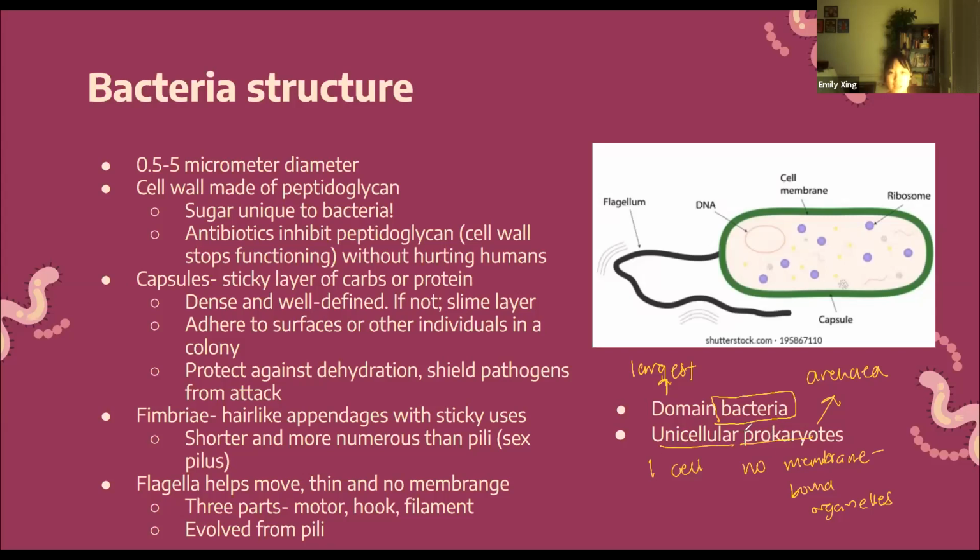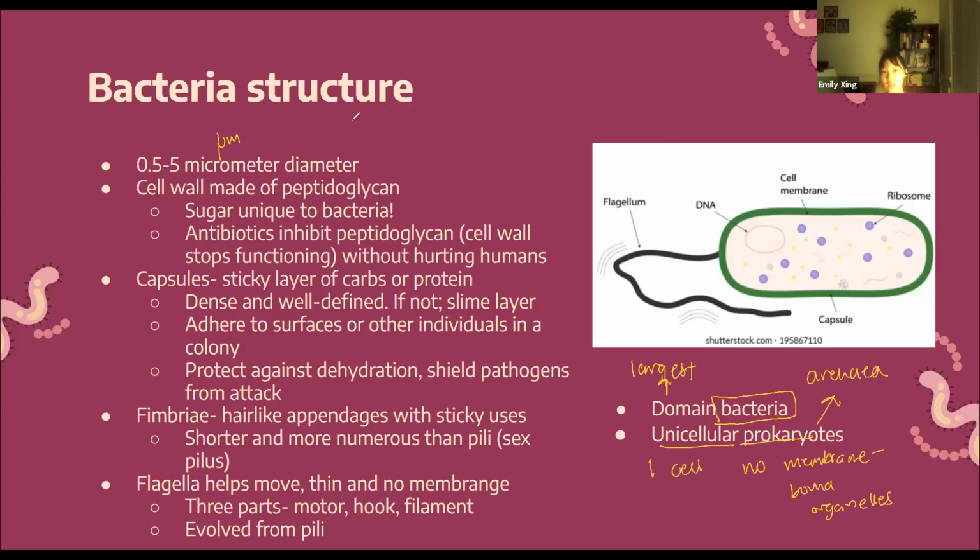Something that all prokaryotic cells have in common is that they're very small. A micrometer, or the symbol you might see, prokaryotes have cells that are 0.5 to 5 micrometers. Because bacteria are, again, unicellular, their entire body is just 0.5 to 5 micrometers.